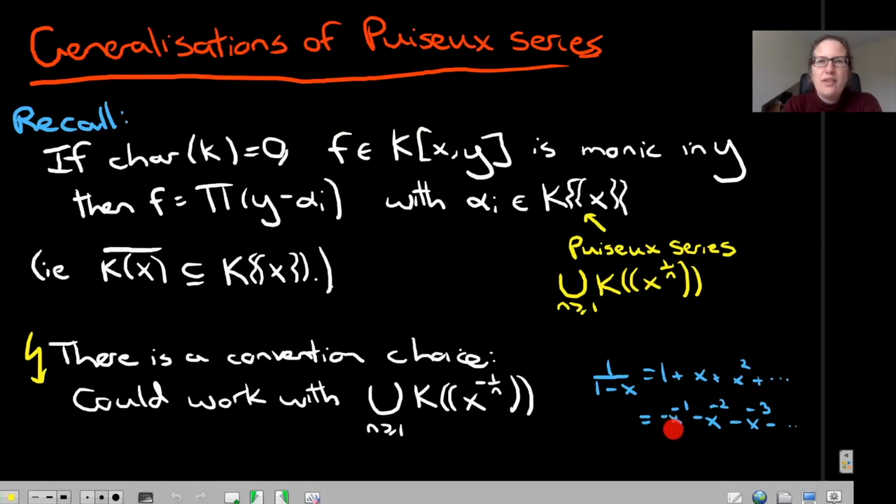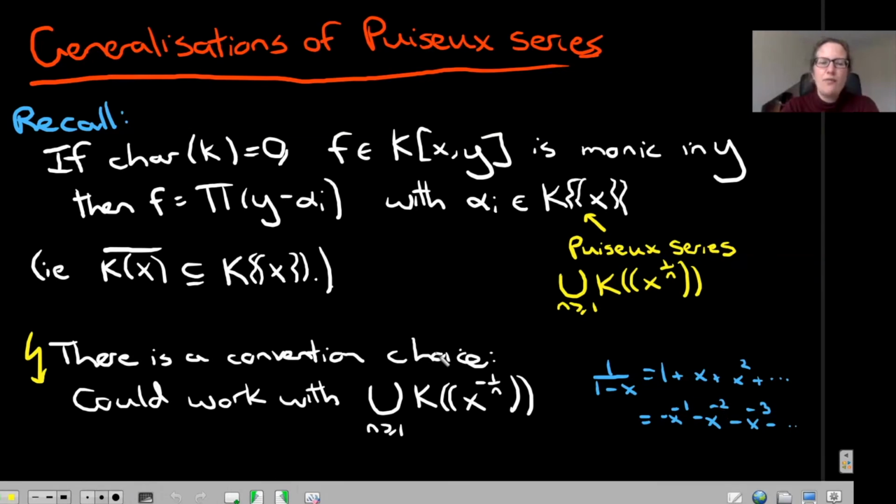So you could also write this as minus x inverse minus x to the minus 2 minus x to the minus 3. Okay? If you've never seen this before, this should probably be one of your take-home points from this talk, which is just, multiply this by 1 minus x and check that you get 1. And well, let's hope I didn't get a typo as I was preparing the slides, which is always a danger.